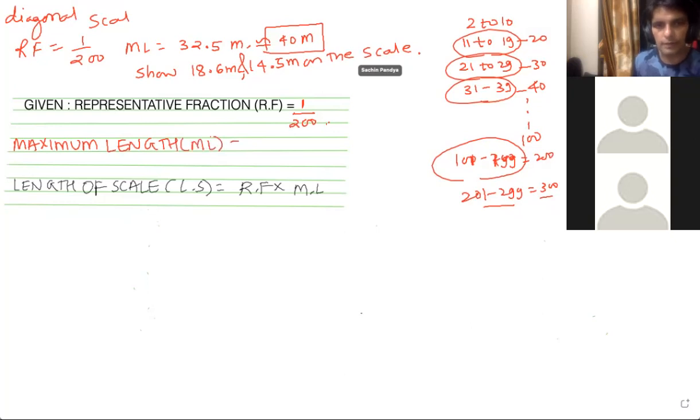You should write in capital. 40 meter. It is 32.5 meter, so we'll take 40 meter. So we'll keep this over here. RF is 1 upon 200 into maximum length, 40 meter into 100. So this will give you 20 centimeter.